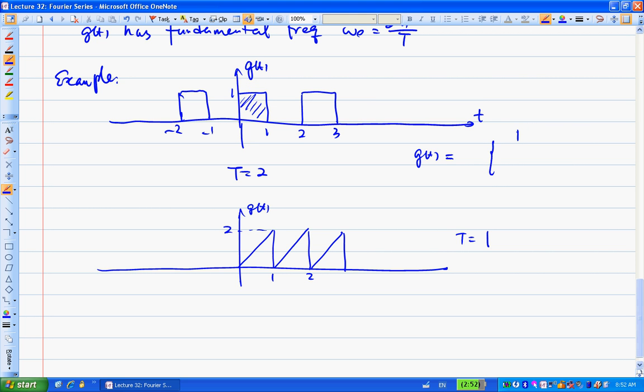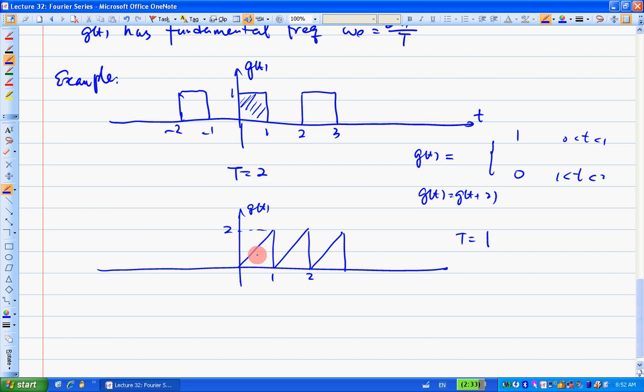So when t is between 0 and 1, it's 1. And when t is between 1 and 2, it's 0. And you should also see that g of t equals g of t plus 2. That tells you this is a periodic function like this.